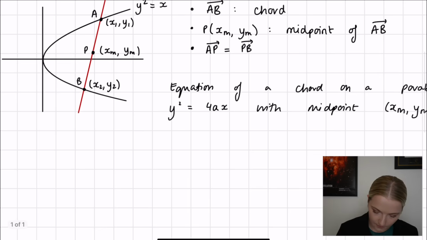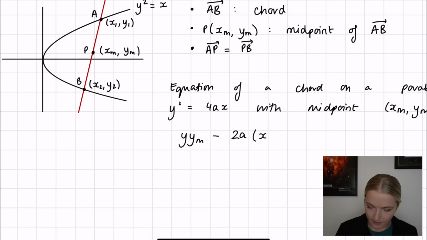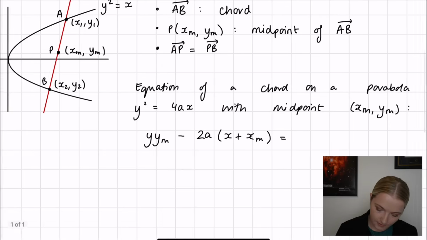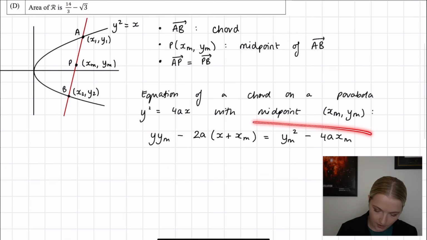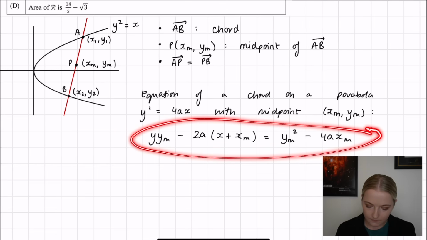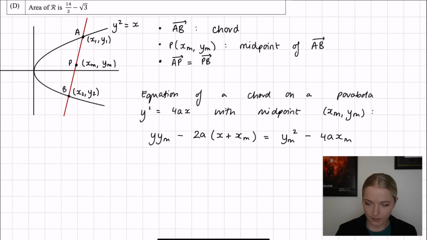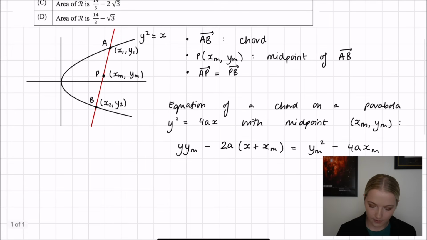We have y multiplied by ym, which is the midpoint, minus 2a, all multiplied by x plus xm, equals ym squared minus 4a xm. So this is the equation of a chord on a parabola for y squared equals 4ax and this midpoint. Okay, well, we know that for us, our parabola is y squared equals x. So a here is going to equal a quarter.